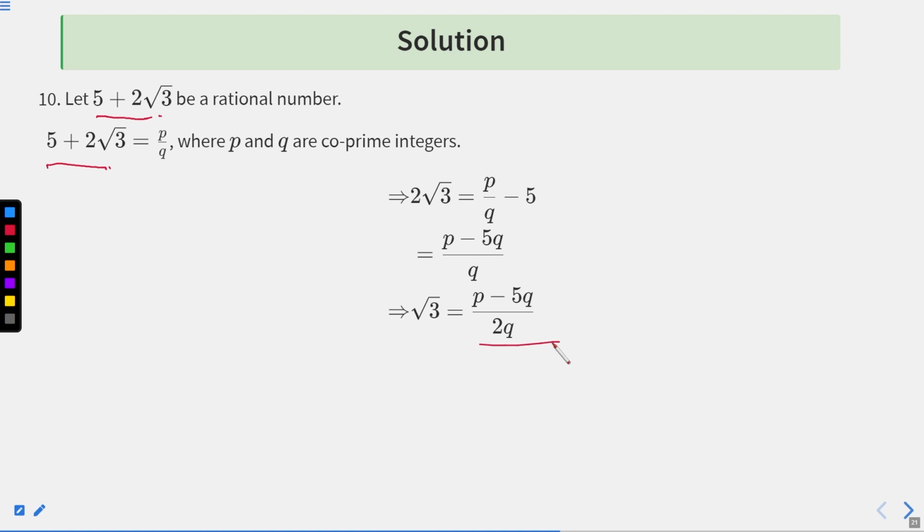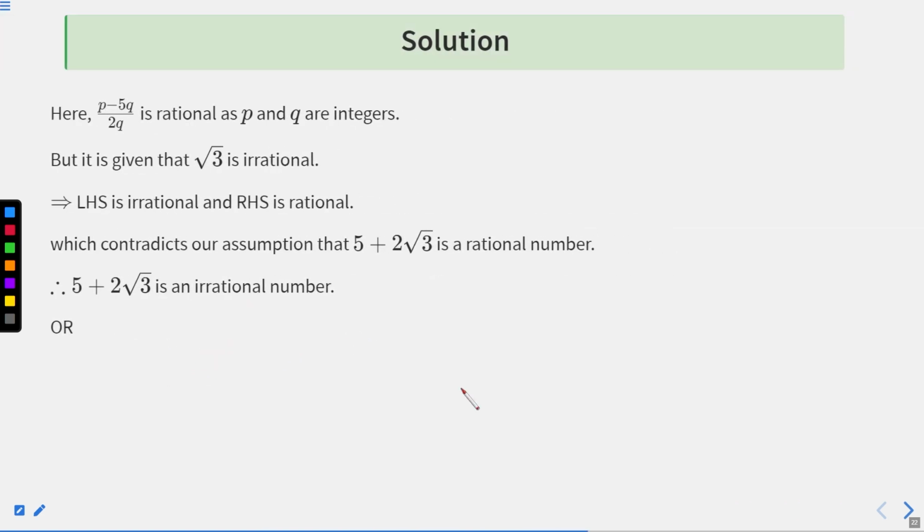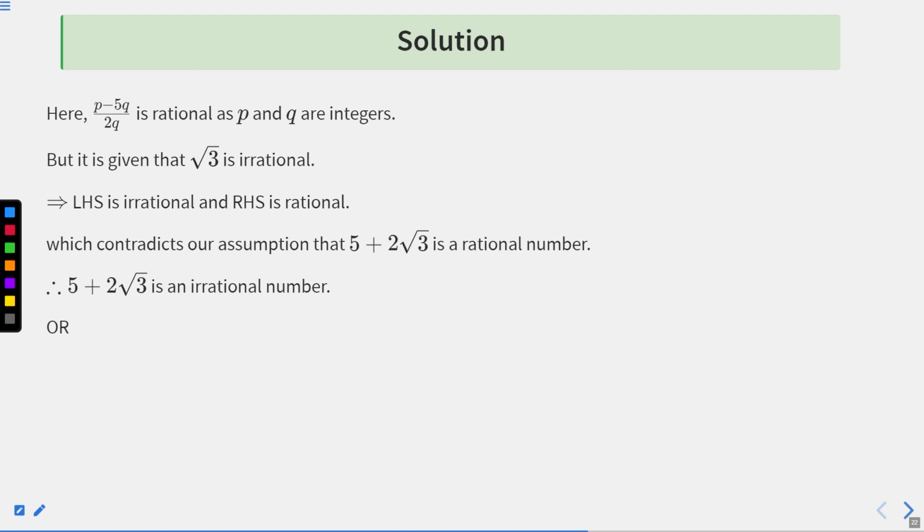On the right hand side we have (p minus 5q) by 2q, where p, q are integers and q not equal to 0, so this fraction is rational, as p and q are integers.